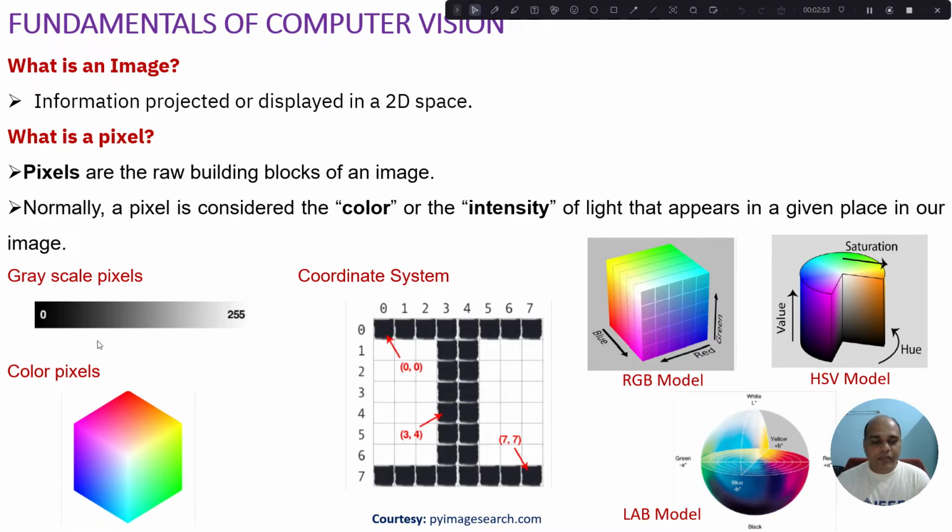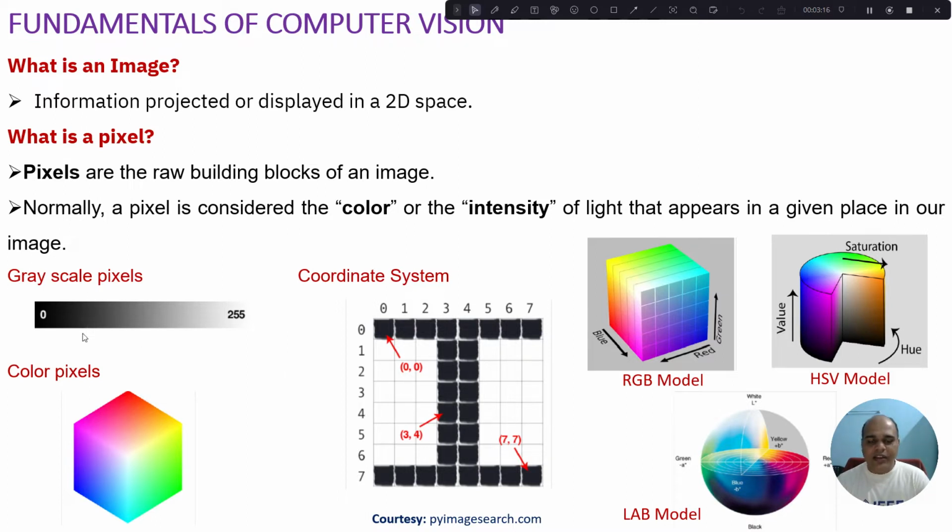Another type of pixel is the color pixel. A color pixel is usually represented by 3 fundamental colors: red, green and blue. This color information also needs to be coded so that it can be understood by the computer. Again, we take a linear scale.